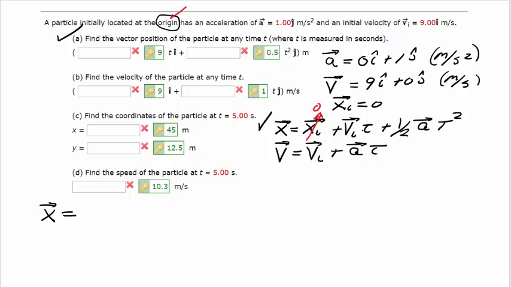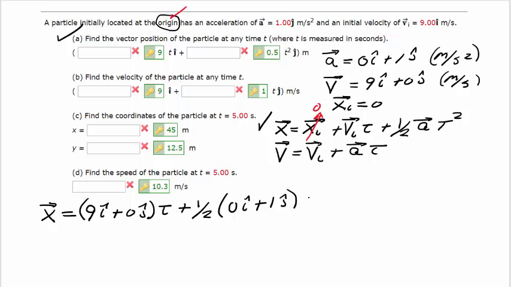So I can take 9 i hat plus 0 j hat and multiply that times t. And now I have plus 1/2 times my acceleration, and I can put 0 i hat plus 1 j hat times t squared. Okay, we will simplify this.